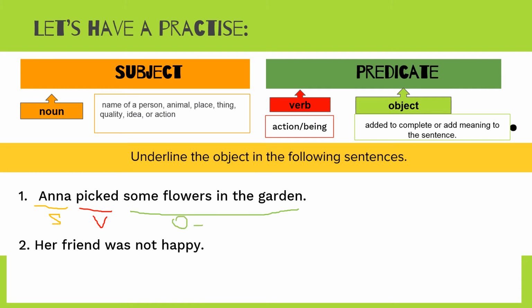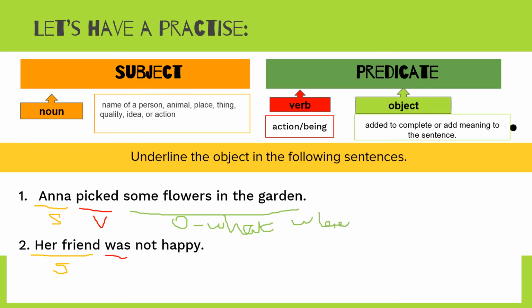It's telling us what Anna picked and where she picked it. Sorry about my handwriting. Okay, number 2. Her friend was not happy. In here, we're talking about her friend, so the subject in the sentence is her friend.